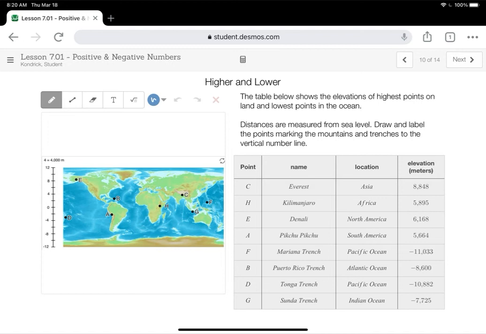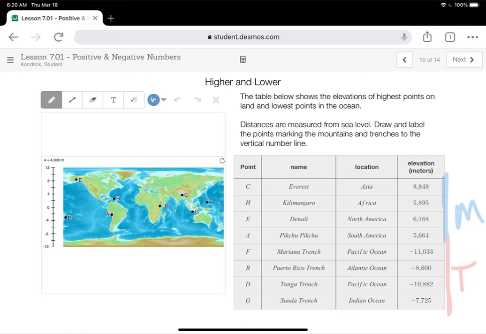Looking at these, we can notice that we have some that are positive elevations and some that are negative elevations. So we can know that these right here are the mountains and these are the trenches.